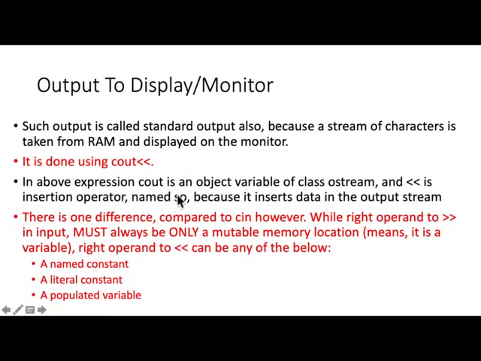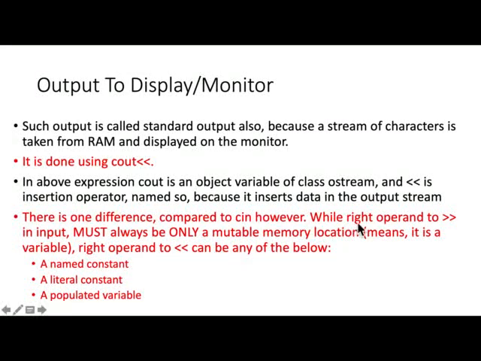In the above expression, cout is an object variable of class ostream. And this symbol here, no space, is called the insertion operator, named so because it inserts data into the output stream. There is one difference, as I mentioned before, compared to cin.